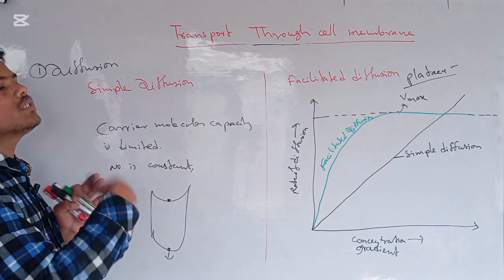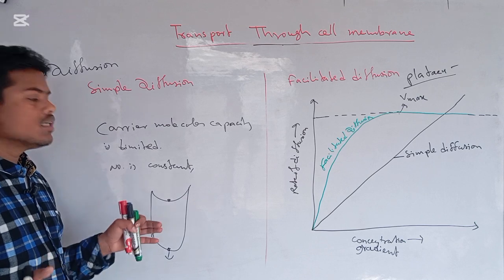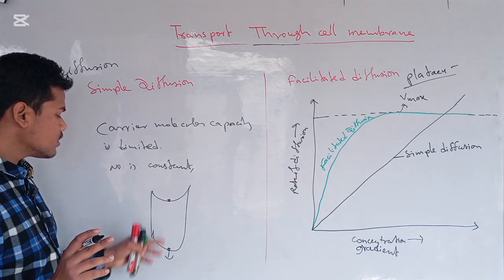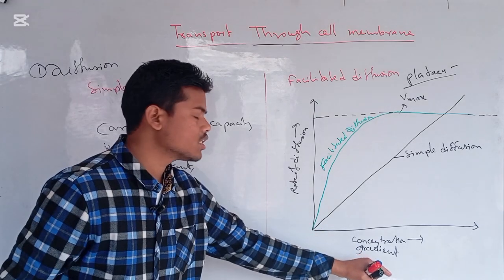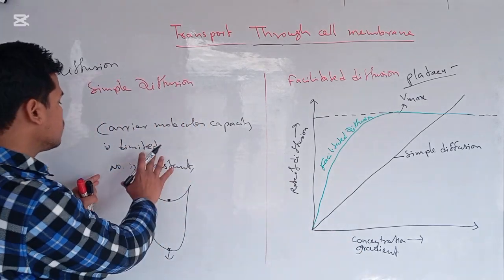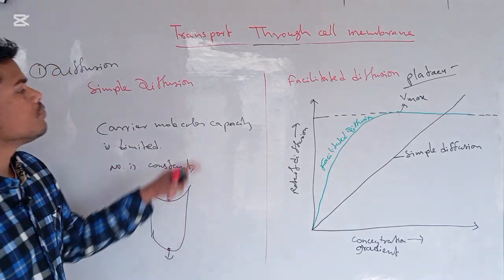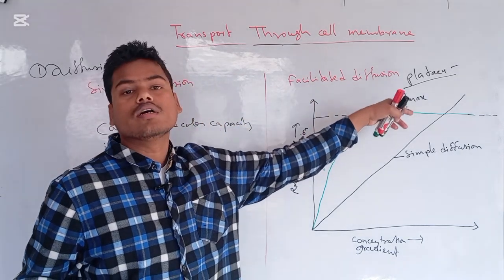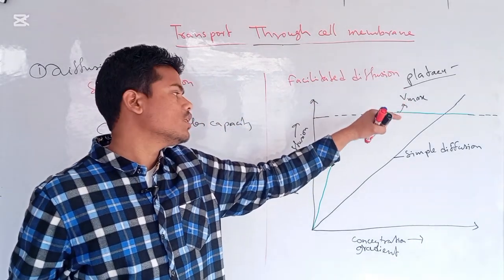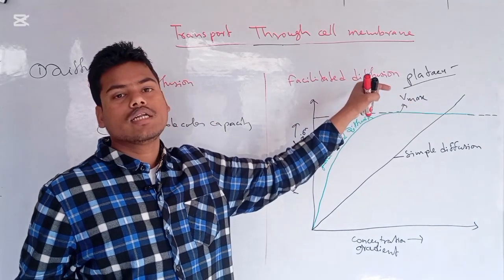Everything has limited capacity. Beyond this capacity, even if you increase the concentration gradient, this factor will not let the rate of facilitated diffusion increase.